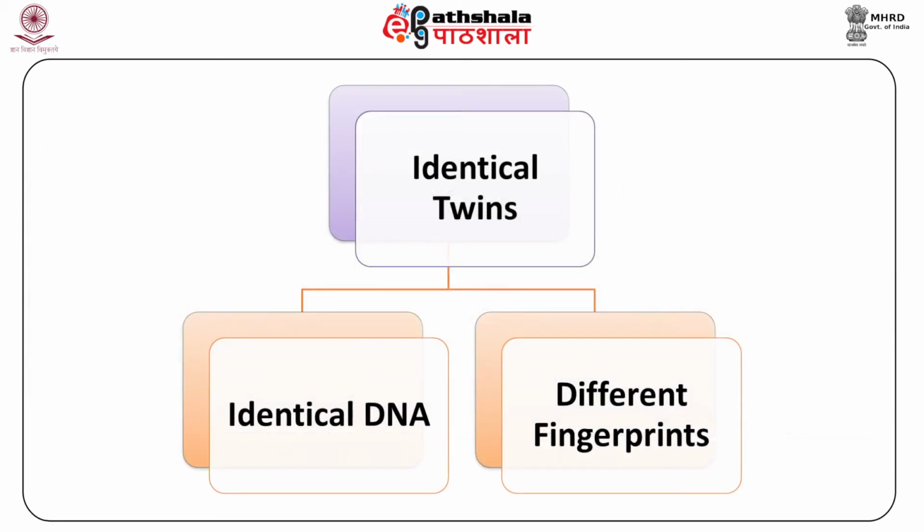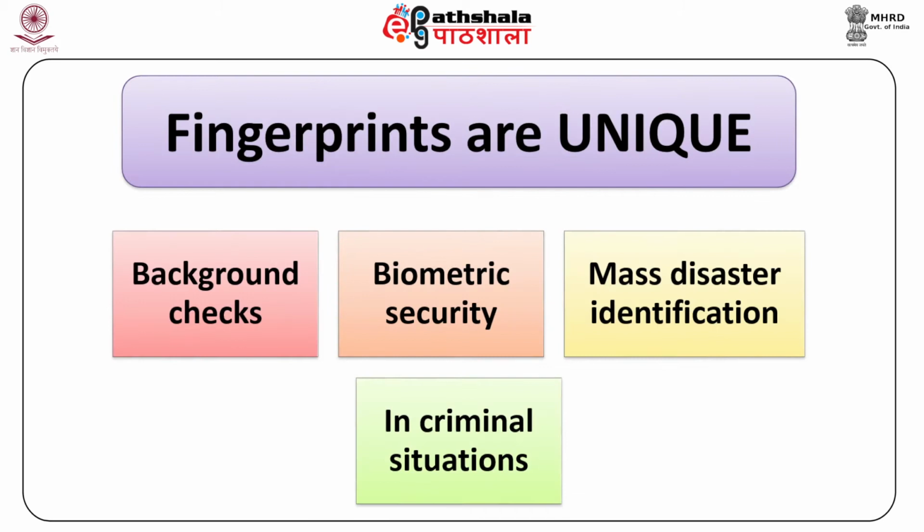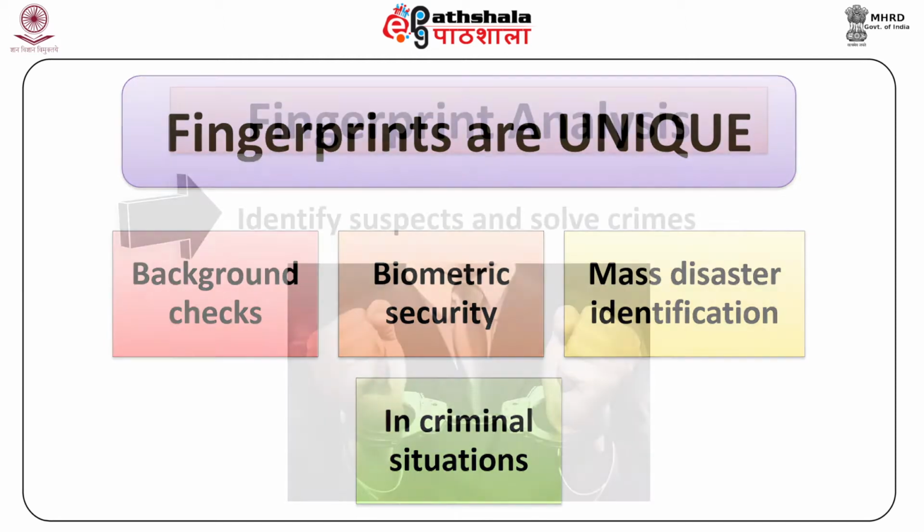Even identical twins with identical DNA have different fingerprints. This uniqueness allows fingerprints to be used in all sorts of ways, including background checks, biometric security, mass disaster identification, and of course, in criminal situations.